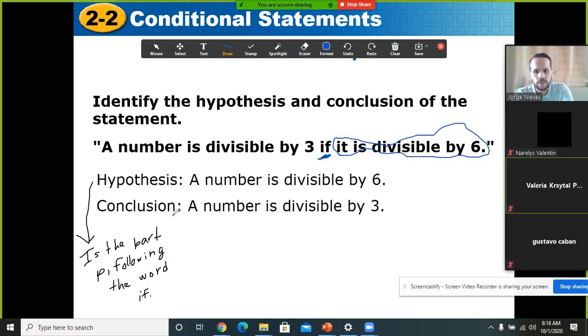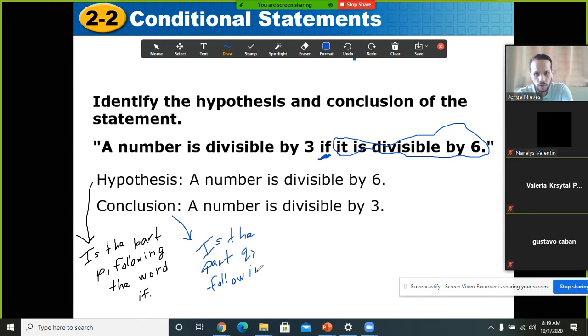So the definition of a conclusion is the part Q of the statement. Le estoy dando el la para que usted lo identifique fácilmente. No tiene que adivinar, mi gente. ¿Verdad? Hay una clave, so you can see it. Is the part Q following the word then.